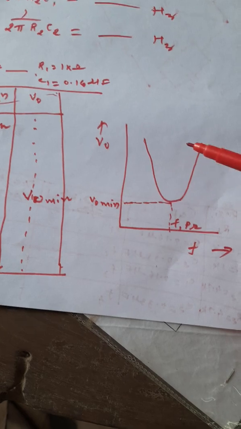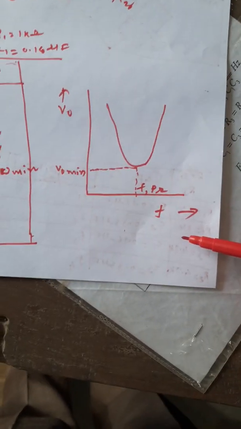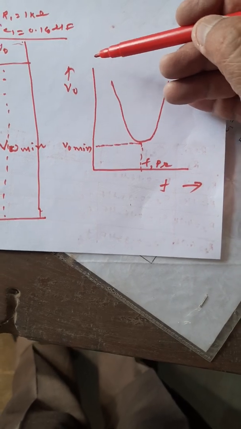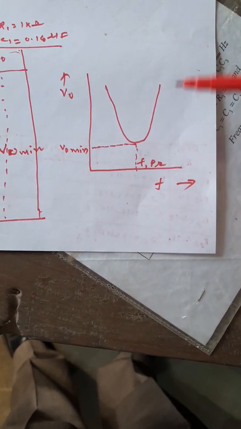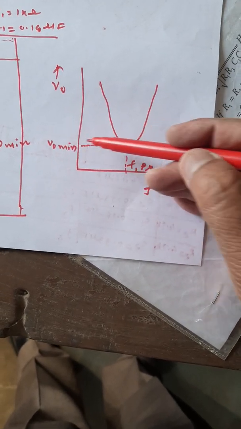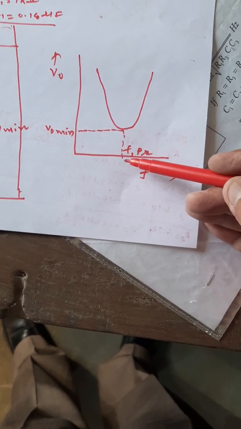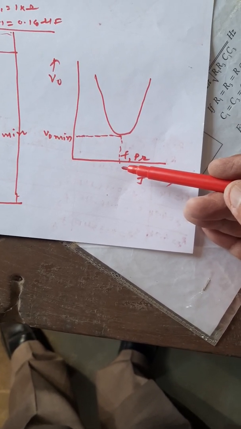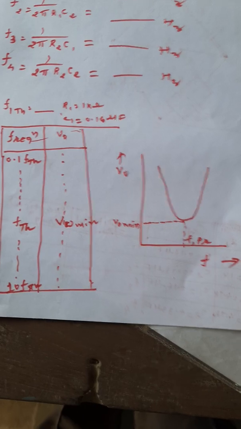Then we are going to plot the graph of V0 versus frequency. That graph is a V shape, and you will find that the minimum voltage occurs at one particular frequency, and that frequency is known as F practical. So by drawing the graph we can find the F practical.